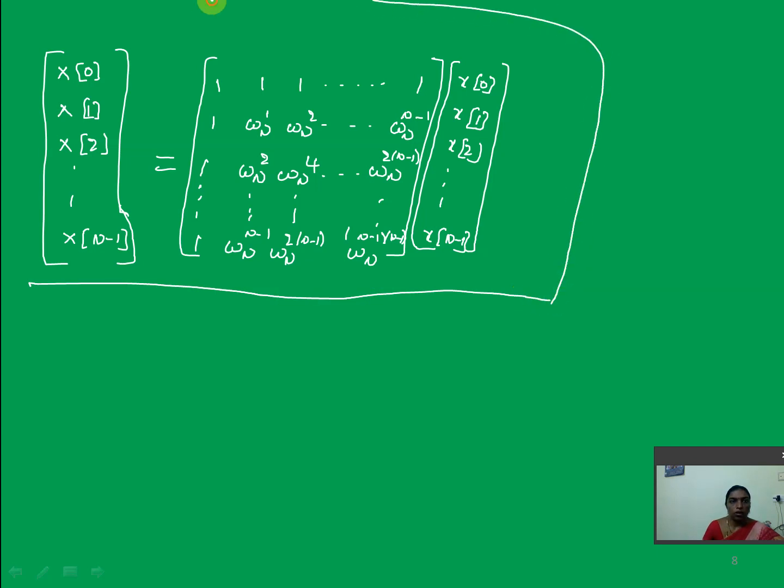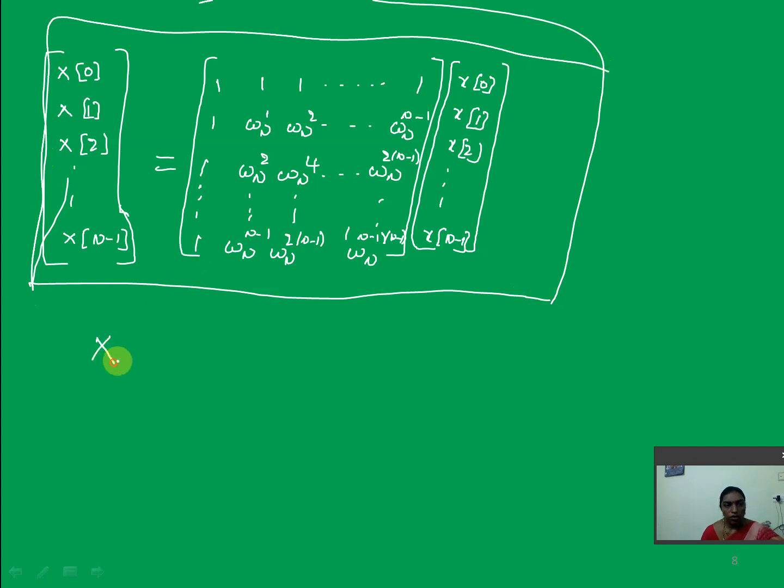Observe this. We can represent it like this, with W_N as the matrix. Here x is the vector from x of 0 to x of N minus 1, the samples of the sequence x of n, and capital X is also a column vector of the frequency samples, from X of 0 to X of N minus 1.